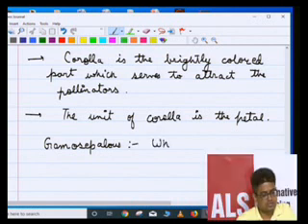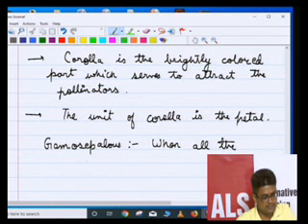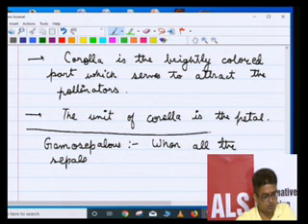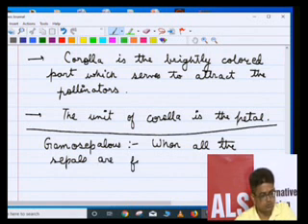When all the sepals are fused together, that is gamosepalous.